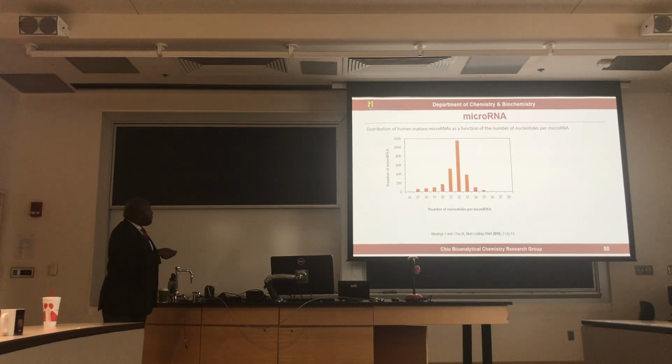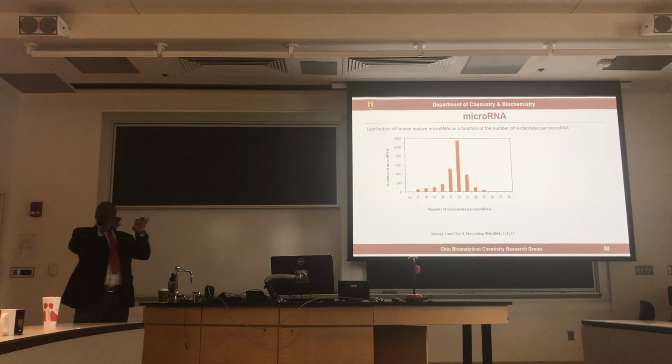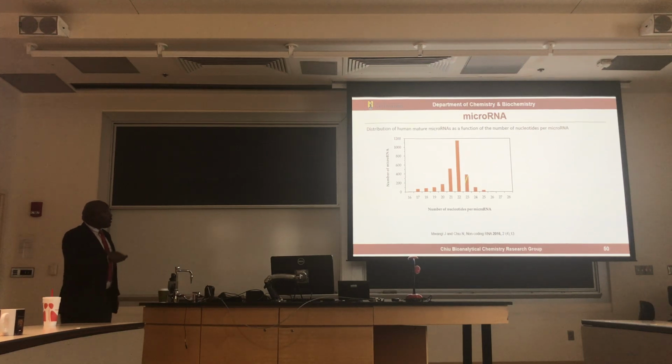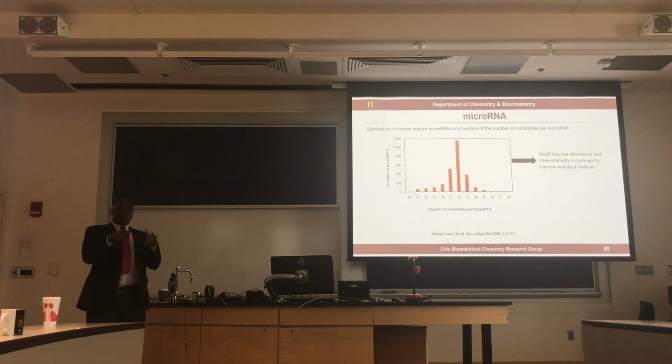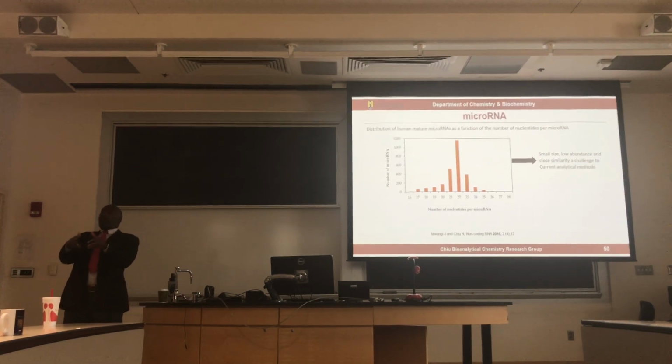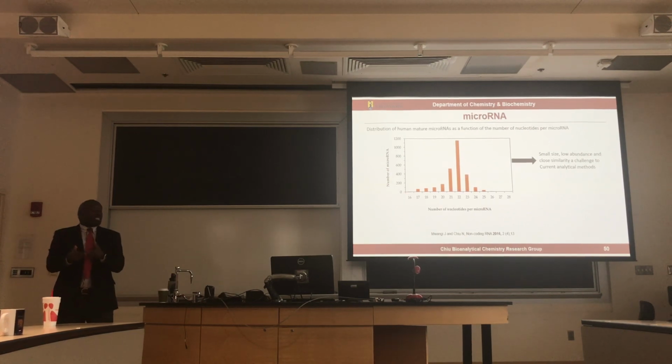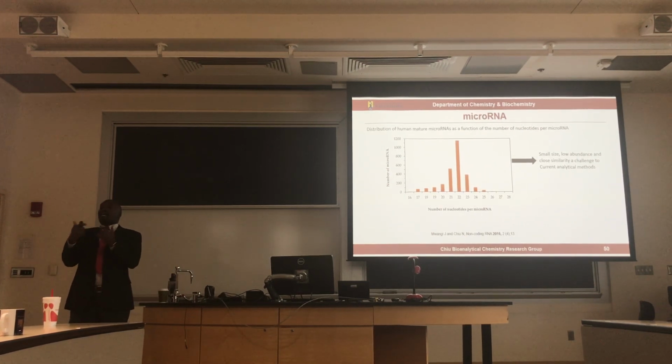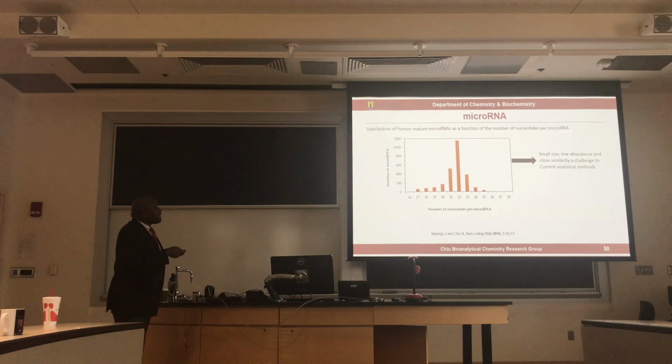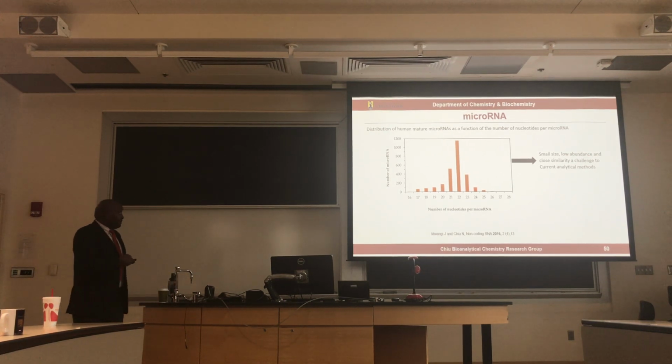So this is the distribution of the rank of the microRNA. The most common one is 22 nucleotides long, and because of their size and their small abundance, if you get a biological sample, the percentage of microRNA is 0.1%. Therefore, this makes analyzing microRNA very difficult.